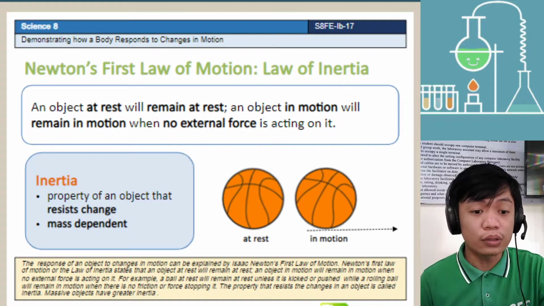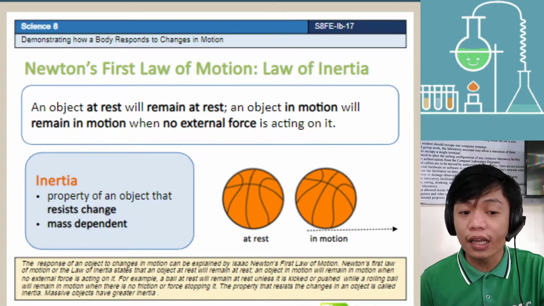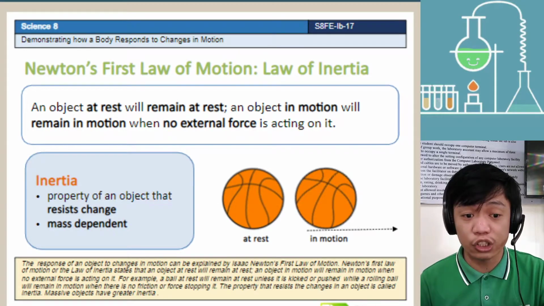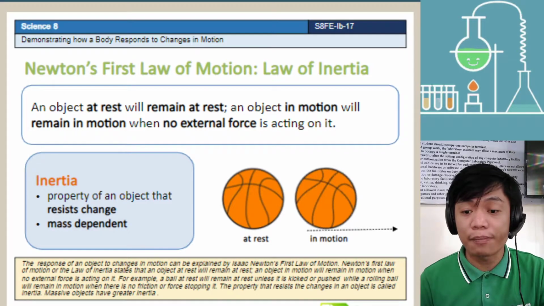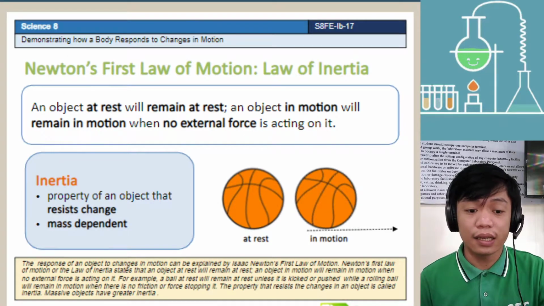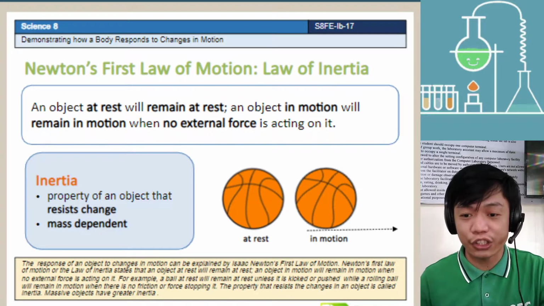And take note that inertia is the property of an object that resists change. So it is mass dependent. When we say mass dependent, the more massive an object is, the greater its inertia.